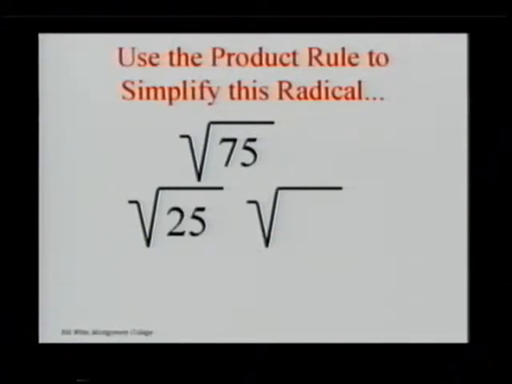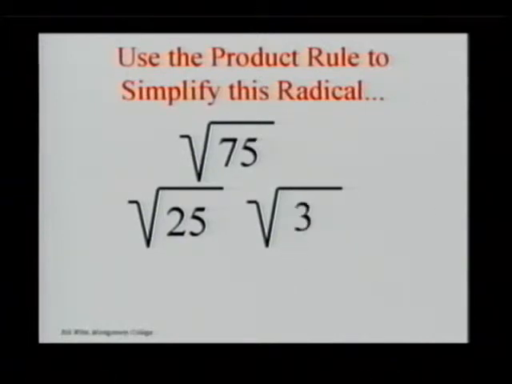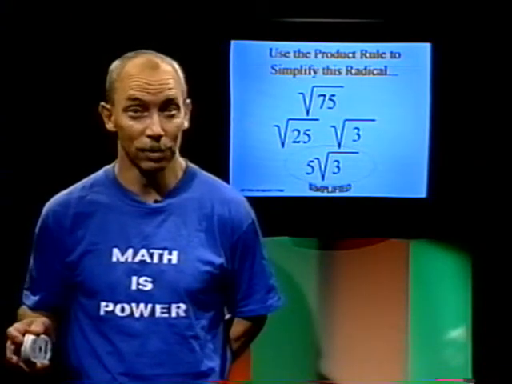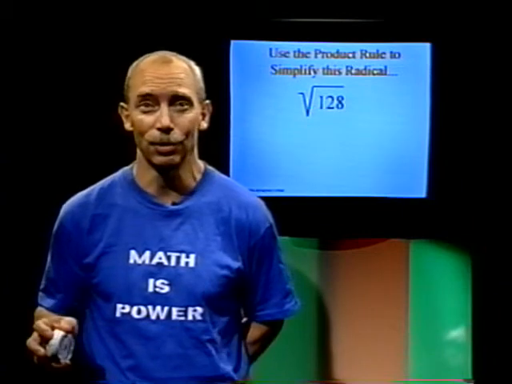I hope you memorized your list. That leaves us with 3. Now the square root of 25 is 5. And the square root of 3, the reason it's left over is because there's nothing I can do with it. And there's your simplified radical 75, 5 square root of 3. You say, that's the same thing you did last time. We're going to be doing the same thing every time, breaking them into good and evil.